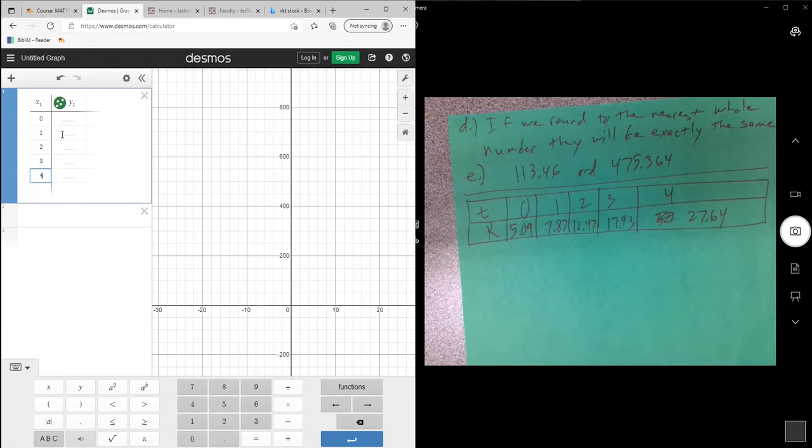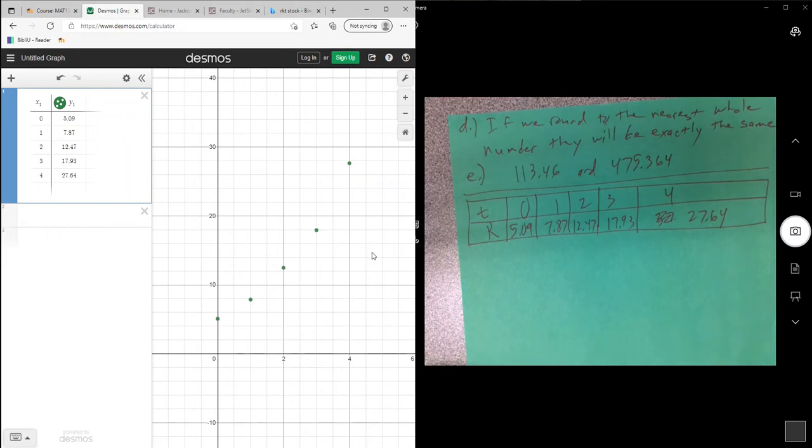Okay, so we go up to 4, and we'll type in the 5.09, the 7.87, the 12.47, 17.93, and 27.64.